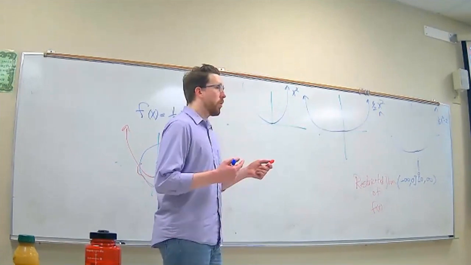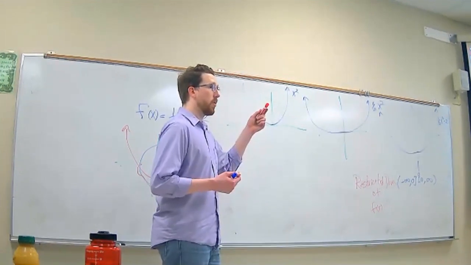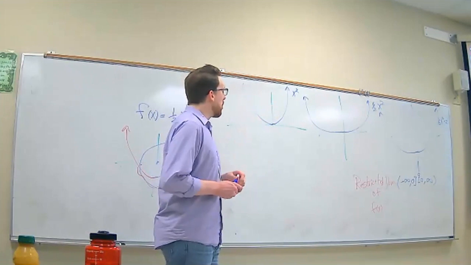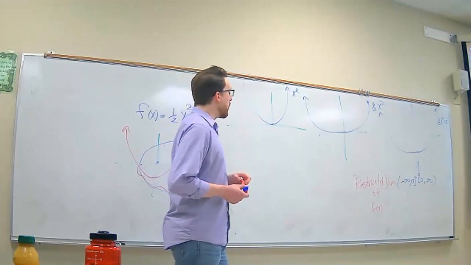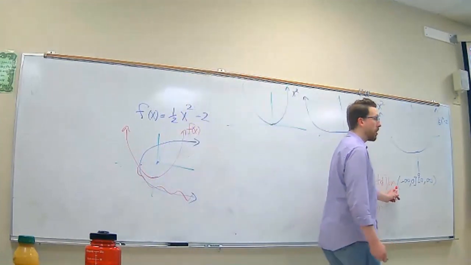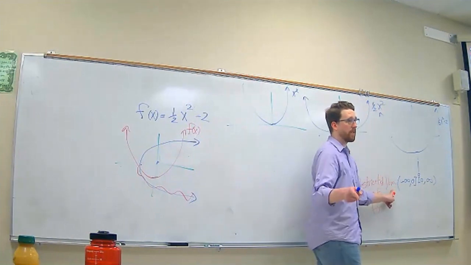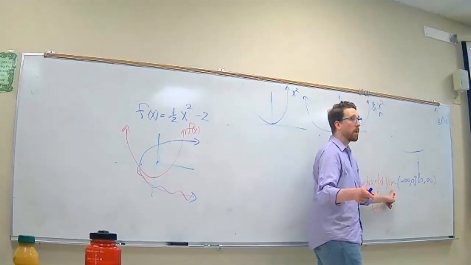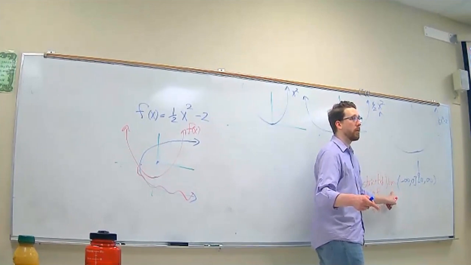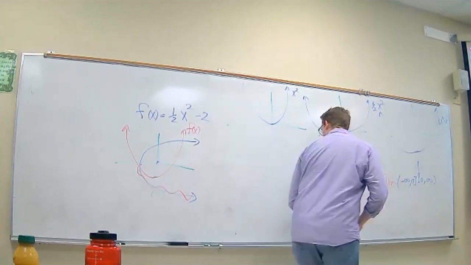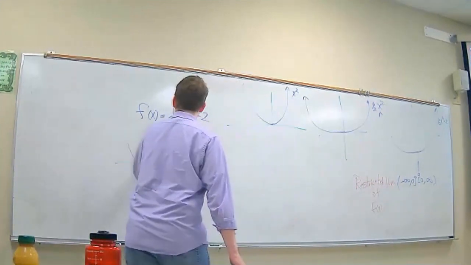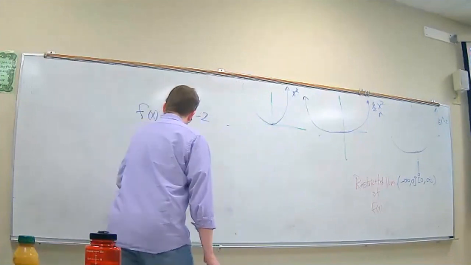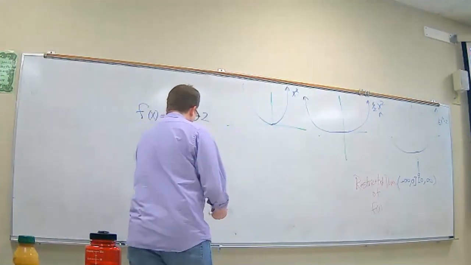Its range would be from -2 to infinity. Agreed? But the domain of a function is the range of its inverse function. We're coming back to these values, right? So this is what's happening.